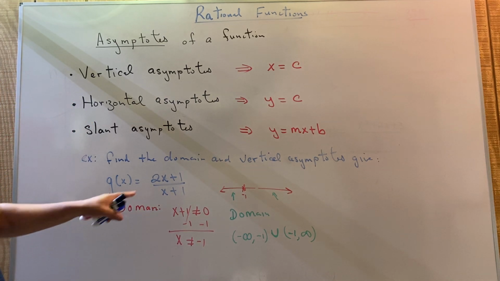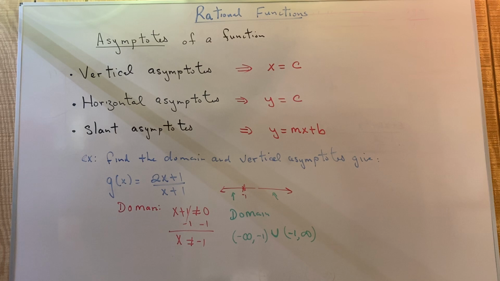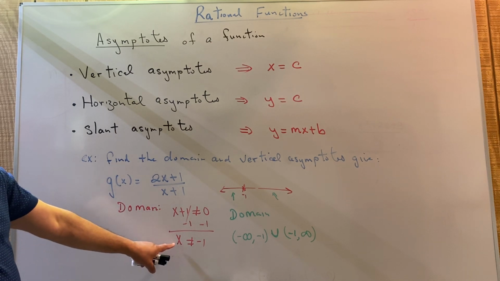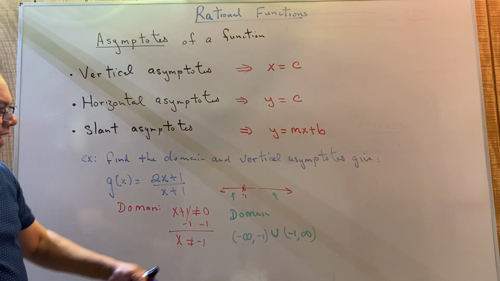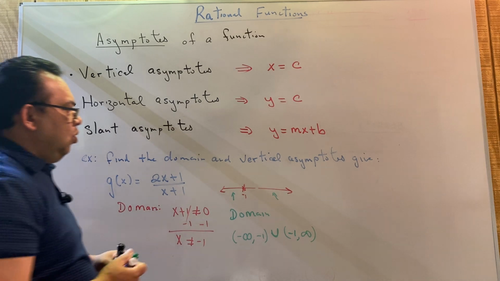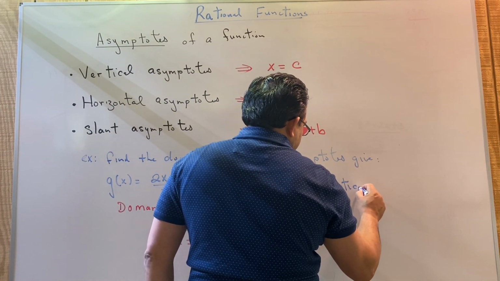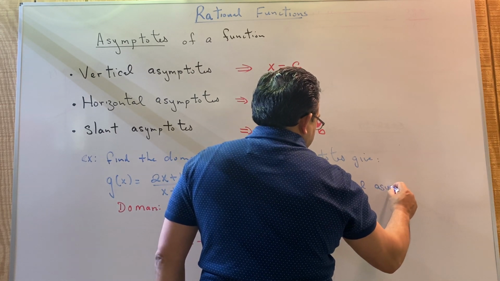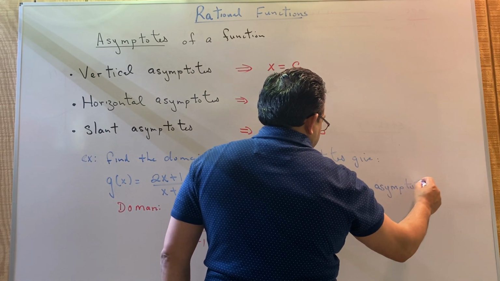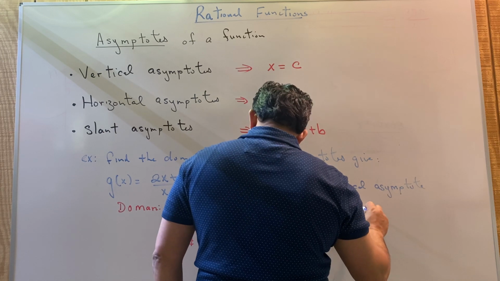Now, the question also asks to find vertical asymptotes. Well, what value did we take out? We took out x equal to negative 1. So your vertical asymptote will be x equal to negative 1.